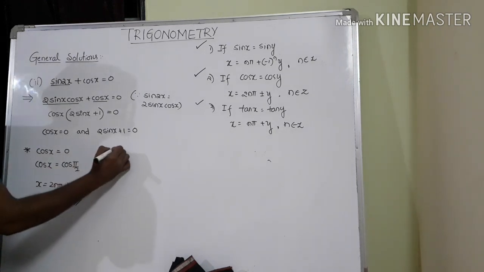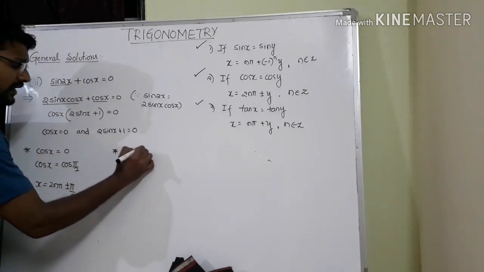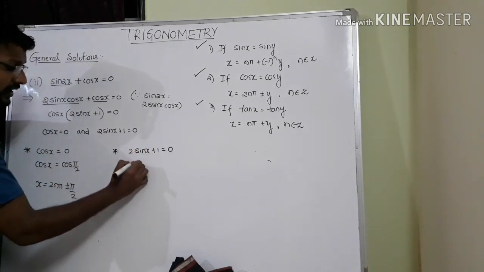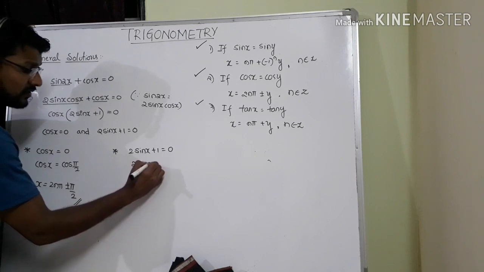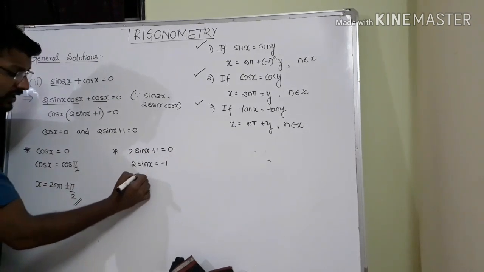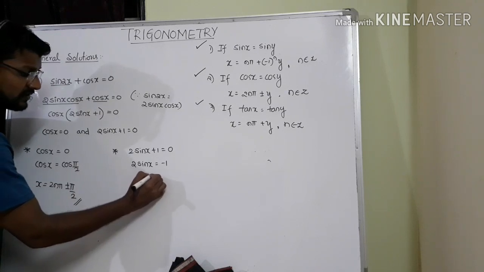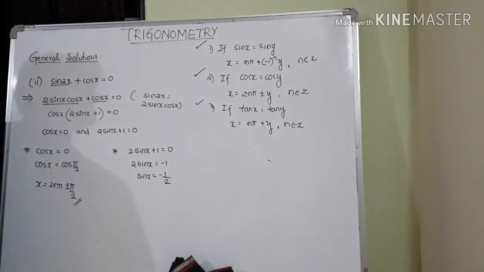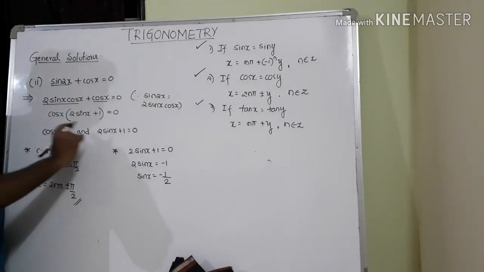Now let's go to the second one, that is 2 sin x plus 1 is equal to 0, or we can write 2 sin x is equal to minus 1 because plus 1 goes that side, becomes minus 1, and sin x is equal to minus half because 2 goes there. Now again we should go to the basics.